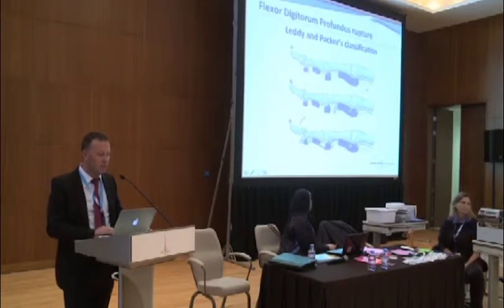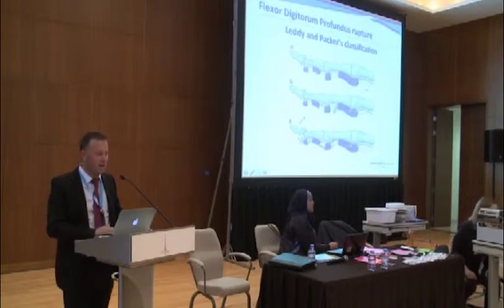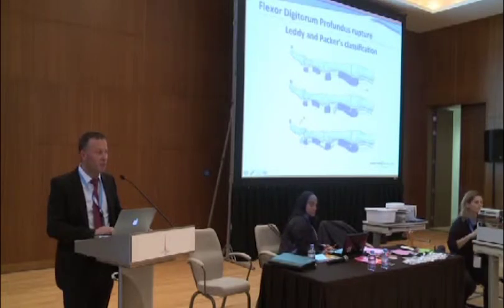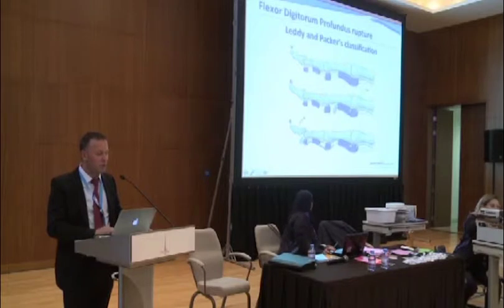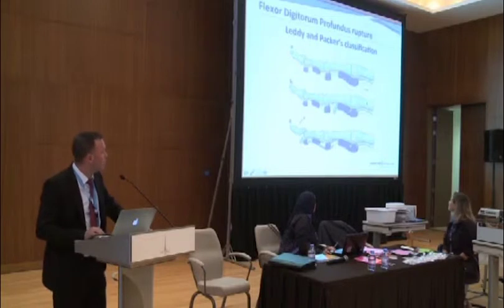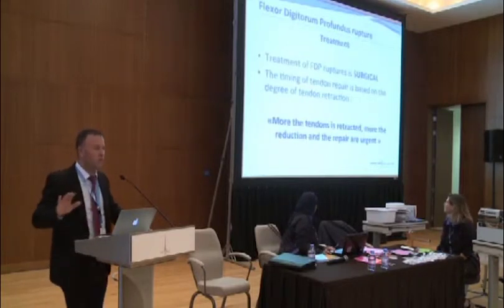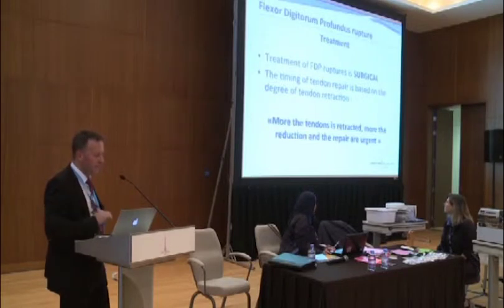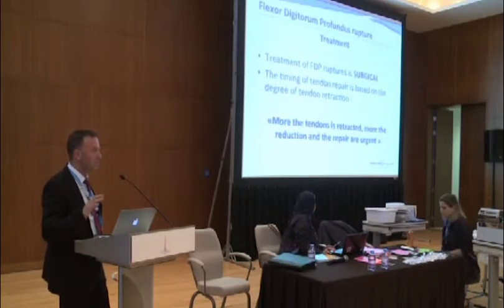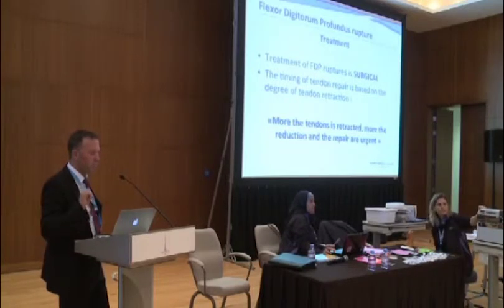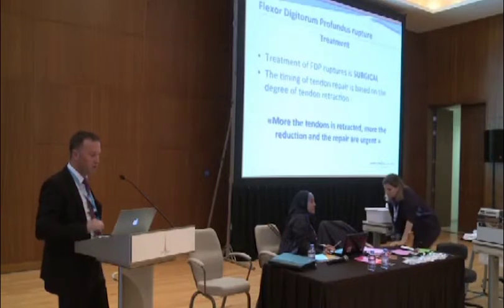And stage 3 is an avulsion of the bone, and the flexor is still blocked here at the A5 pulley. Stage 1 is the most urgent lesion. So the treatment is always surgical, and the timing is based on the degree of the retraction. The more the tendon is retracted, the more urgent the reduction and the repair are.